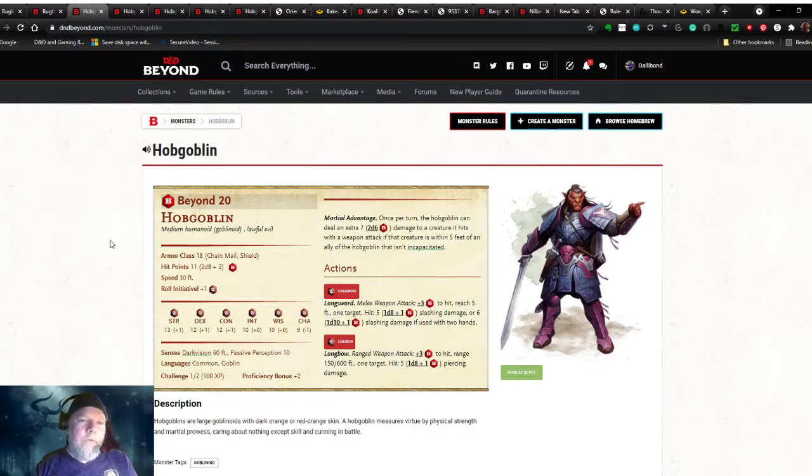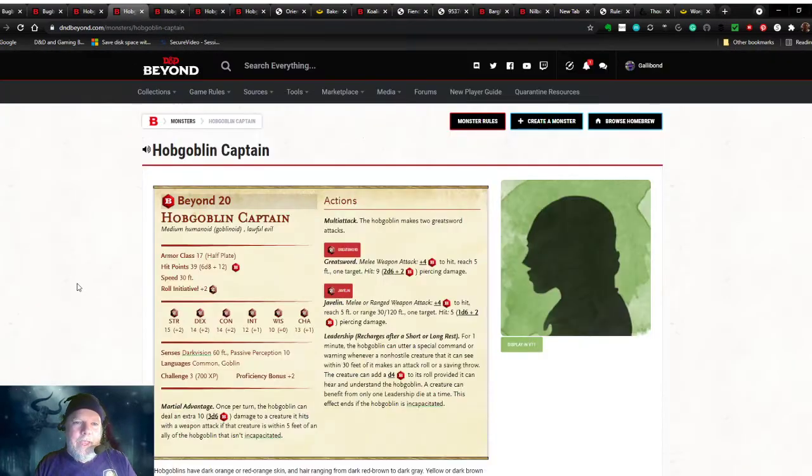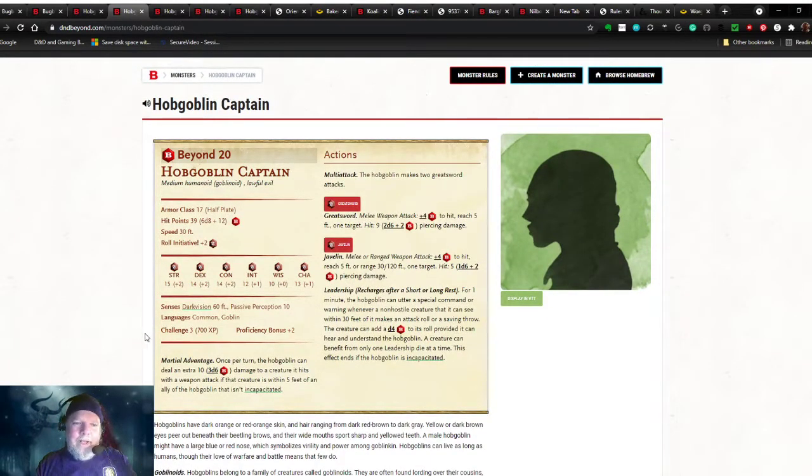But here for the Hobgoblin, we have the run-of-the-mill Hobgoblin, which is a CR 1/2 creature, armor class 18 and 11 hit points. Then we have the Hobgoblin Captain. Again, a little bit bigger, a little bit beefier. He's a CR 3, armor class 17, 69 hit points.